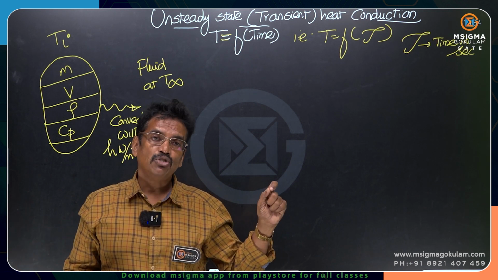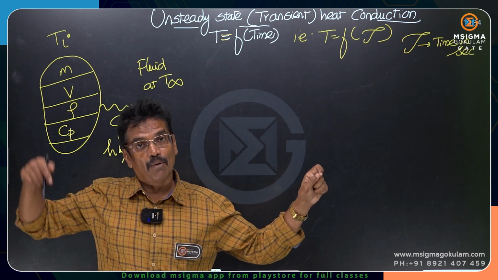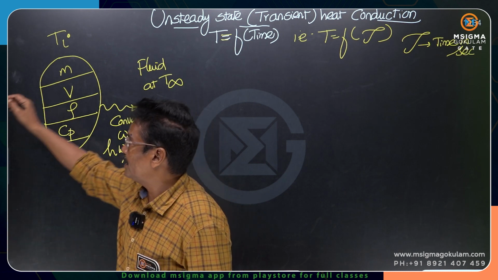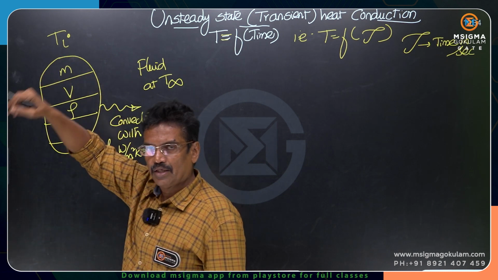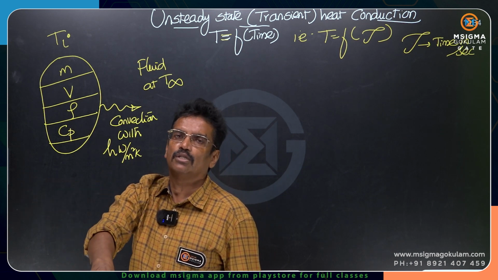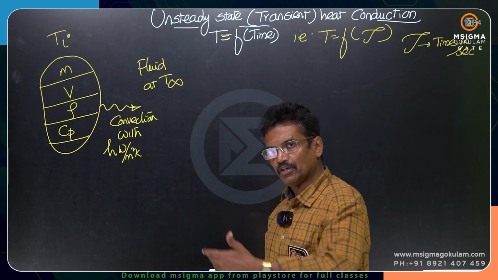So, I have started measuring the time from that instant when the body is taken out of the furnace. That means Ti is the temperature of the body at tau equal to 0 seconds. From that instant onwards, I keep on measuring the time.